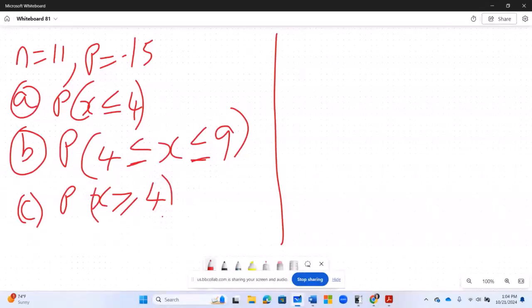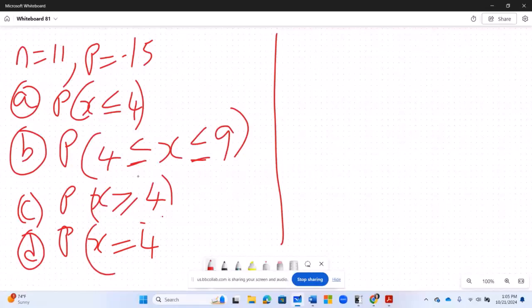And we can be told to find the probability that the random variable is equal to 4 exactly. This is an exactly question. Whenever you see an equal sign, it is an exactly question. So this is a review of binomial distribution.